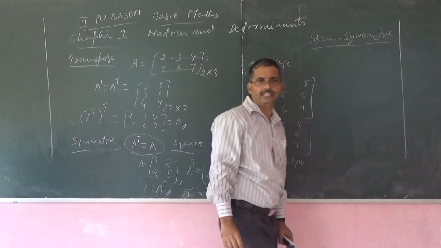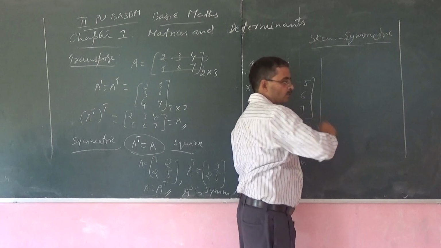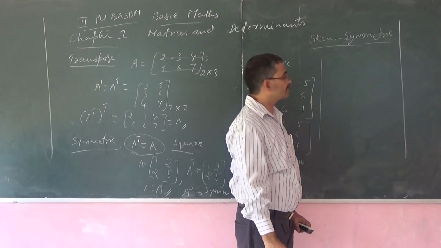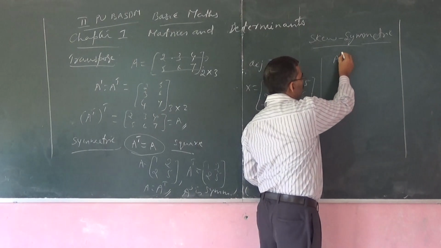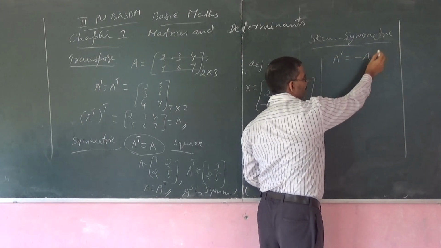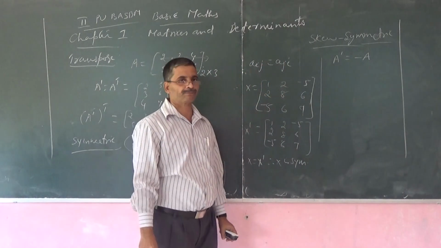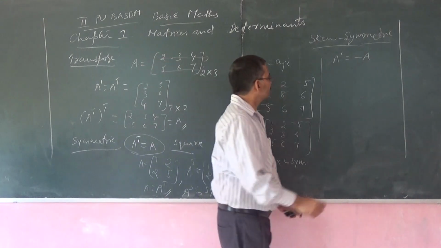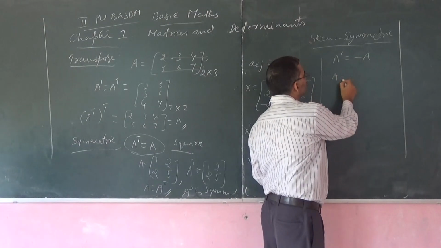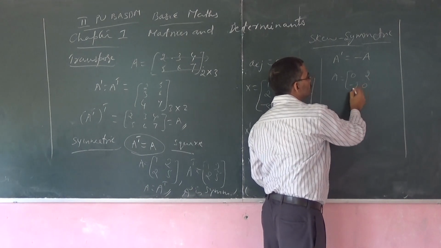Now skew symmetric, we say that a matrix, a square matrix in fact, is skew symmetric if A transpose equal to minus A. I will give one example, then explain further.